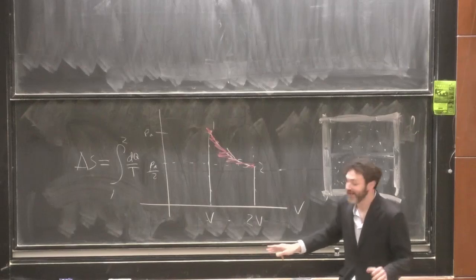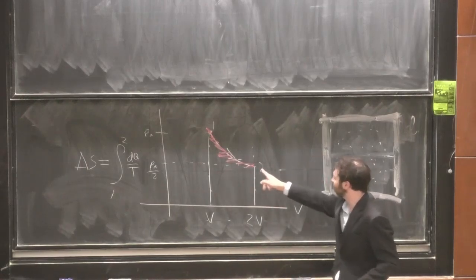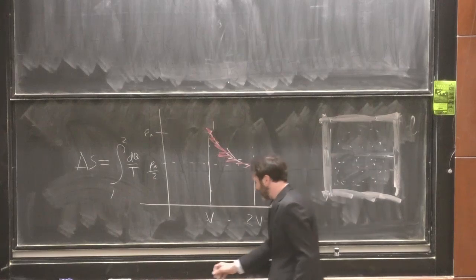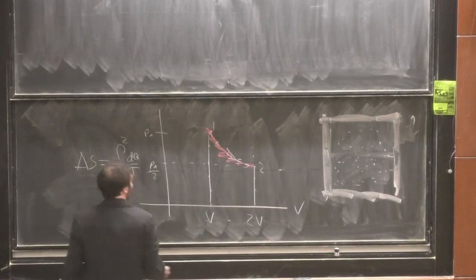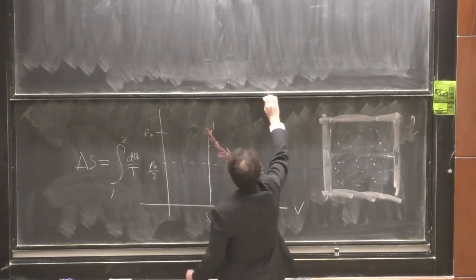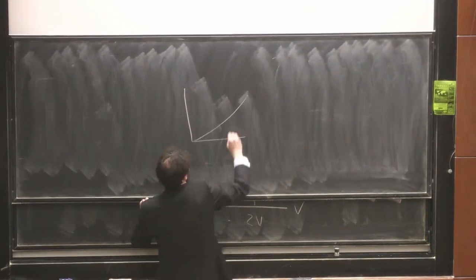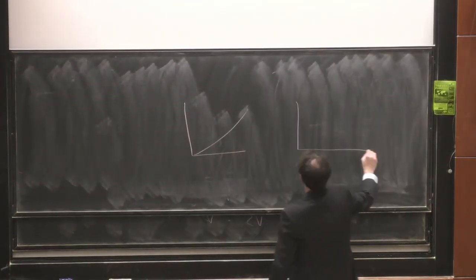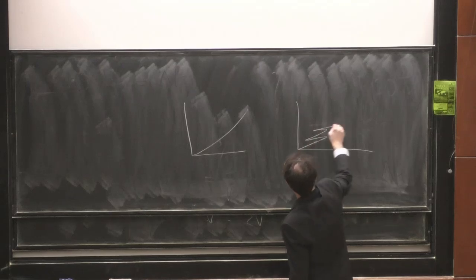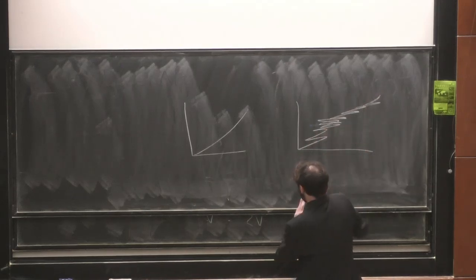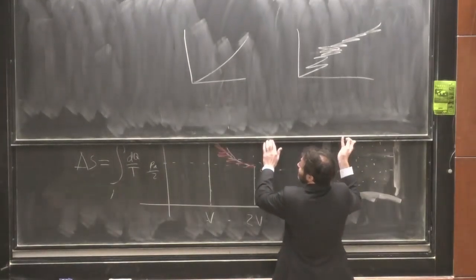But technically, we can't integrate a function like that. We know how to integrate a function like this, and we know how to integrate a function like this, but we don't know how to integrate a function like this. All right? That's what that plot is going to look like.